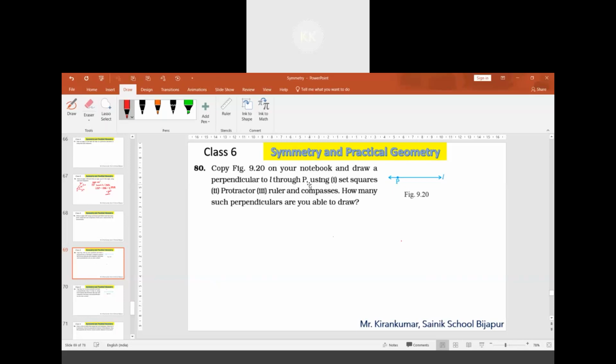How many such perpendiculars are you able to draw? On the point P, you should have a perpendicular. You have to use protractor, compass, ruler, and say how many perpendiculars you will be able to draw.